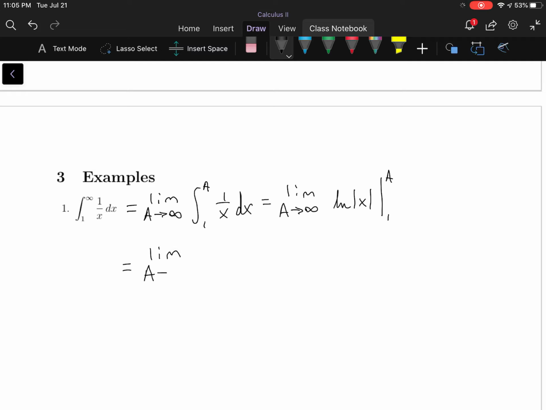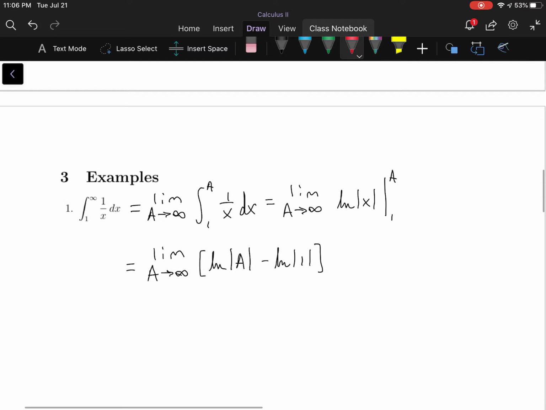So I've got the limit as a goes to infinity of the natural log of a minus the natural log of 1. And the natural log of 1 is 0. So this particular problem just simplifies to the limit as a goes to infinity of the natural log of a.